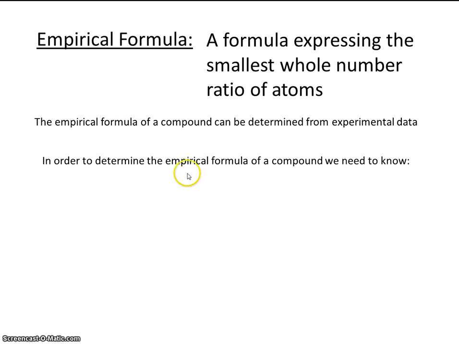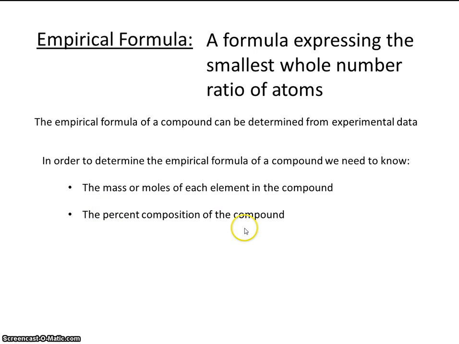Now, in order to determine the empirical formula of a compound, we need to know some experimental data: either the mass or moles of each element in the compound, or the percent composition of the compound. You already know how to work with percent composition, and you know how to work with mass and moles. So this hopefully won't be too challenging for you.